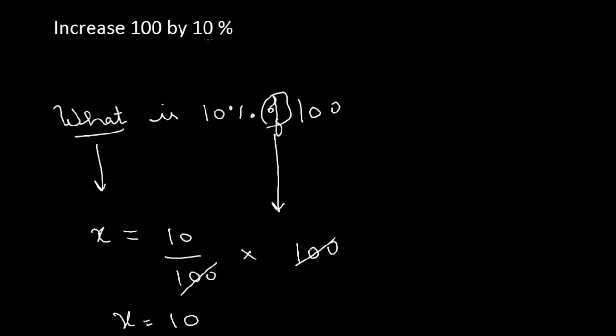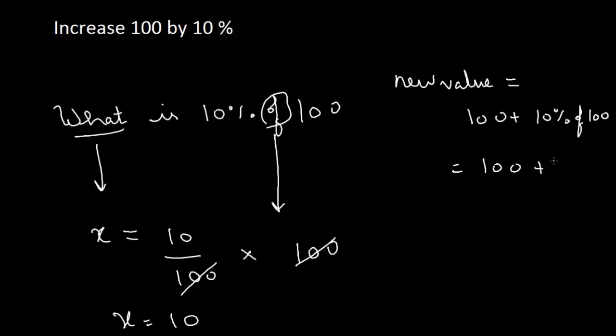Now 10% of 100 is equal to 10. But we have to increase 100 by 10%. So the new value will be equal to 100 plus 10% of 100. This is equal to 100 plus 10, which is equal to 110.